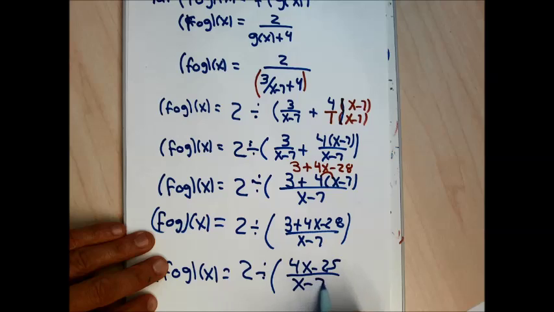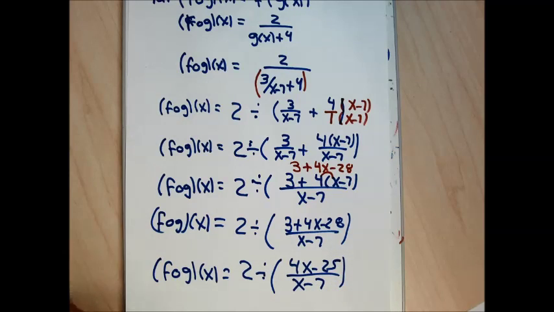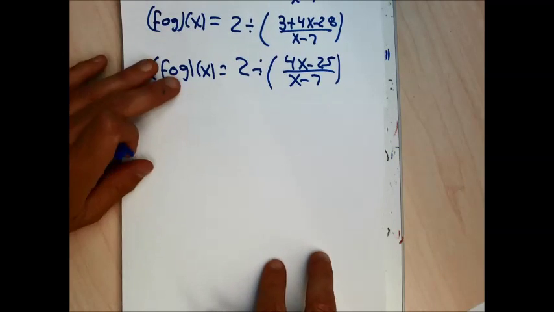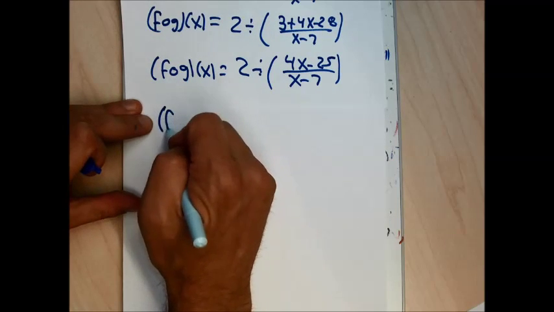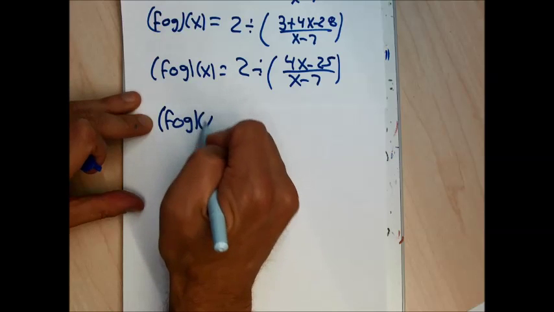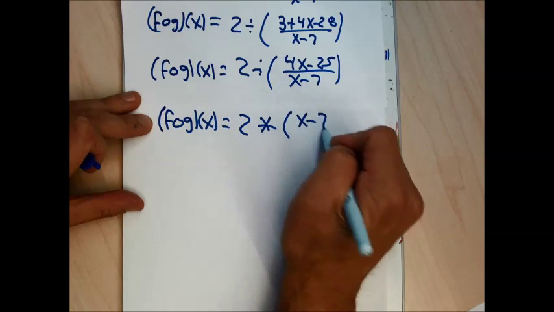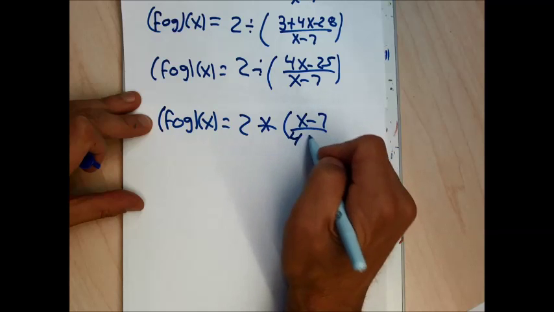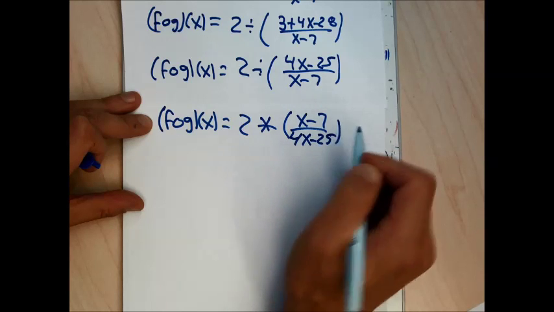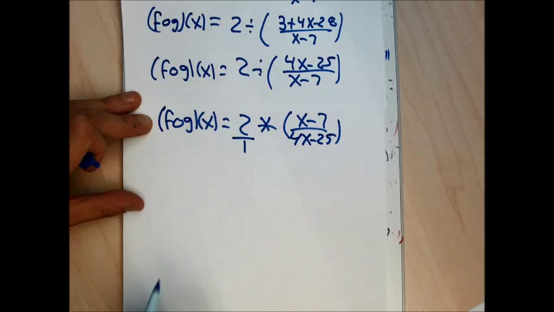On to another sheet of paper. And on this other sheet of paper, I'm going to change this into a multiplication. So this is going to be f composed with g of x equals 2 times x minus 7 over 4x minus 25. And this is really 2 over 1 times this.